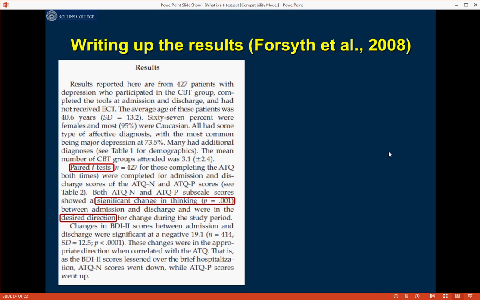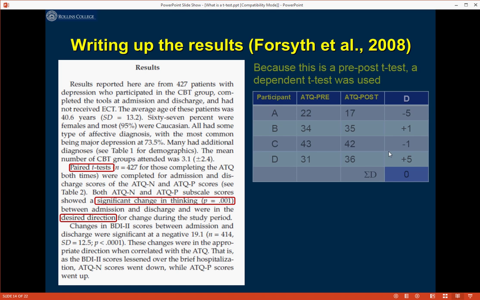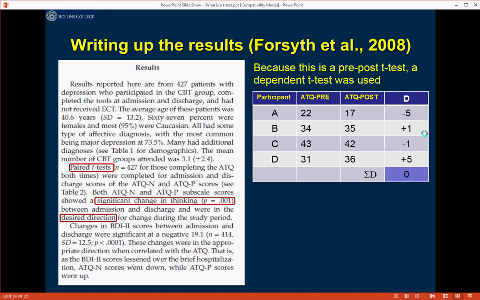That's their pre-score. Then we gave it to them again after they've had those 3 therapy sessions, and here are their scores. Let's say this is the negative version of the ATQ for negative thinking.